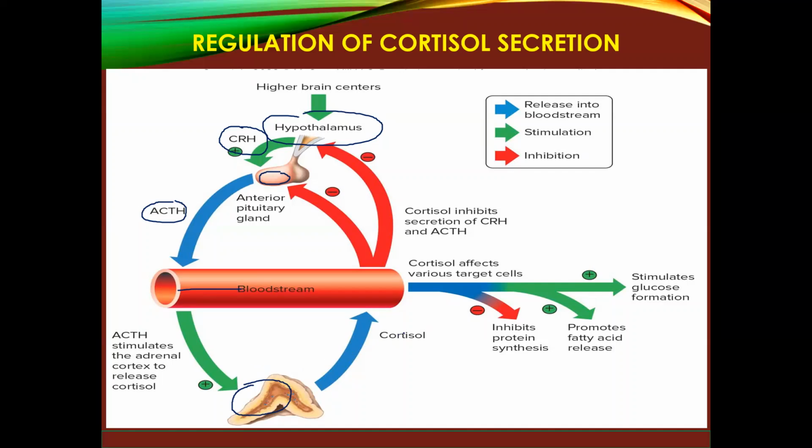Okay, so this will increase the production of cortisol. Cortisol will go to the bloodstream and go to the target cells, like maybe liver, muscles, that will promote the use of lipids or fat tissue.